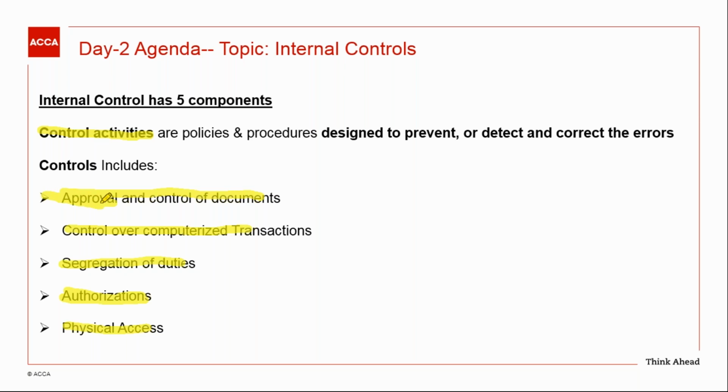So here we use approval as a control activity to achieve the control objective. Now, what you have learned till now is the control objective. The next step is control activities, which help us in making the internal controls. Got it?